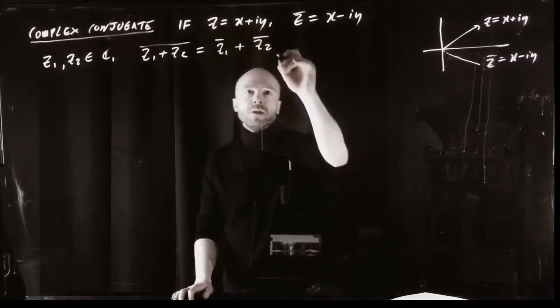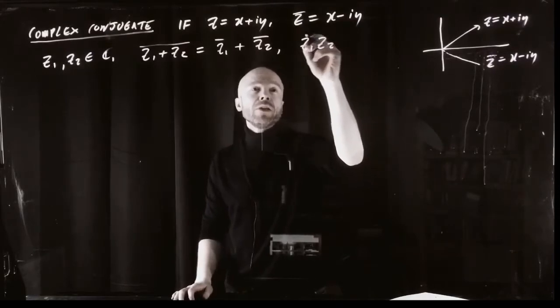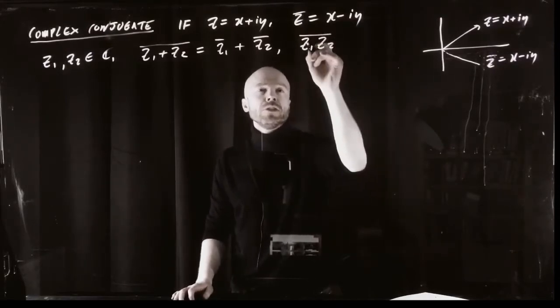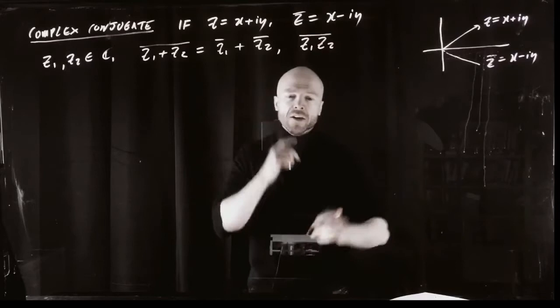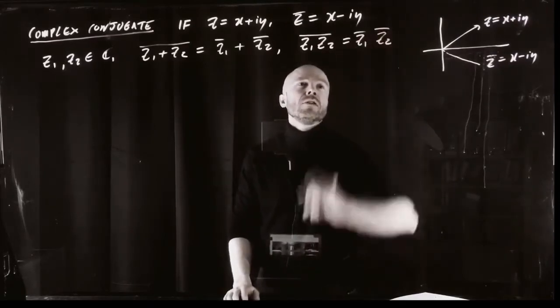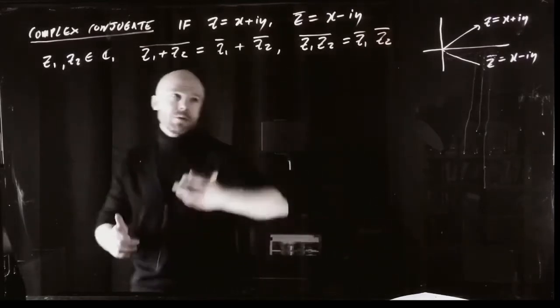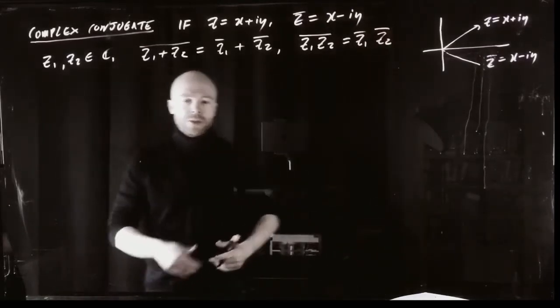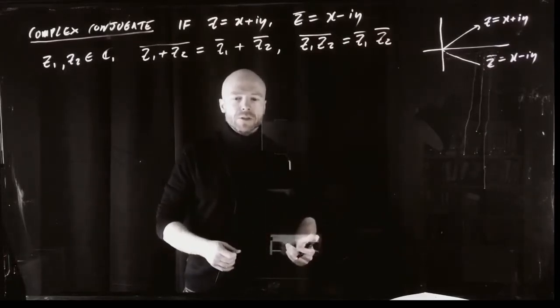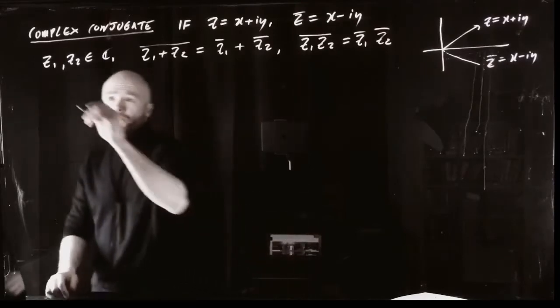Okay, another thing which is true, and it's another algebraic thing which is pretty straightforward, is if we take these two complex numbers and multiply them together, that's the same as the complex conjugate of each one multiplied. So complex conjugate behaves nicely with respect to this operation. That stuff is cool.